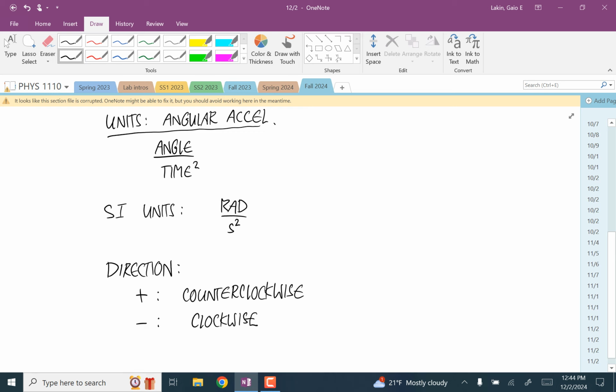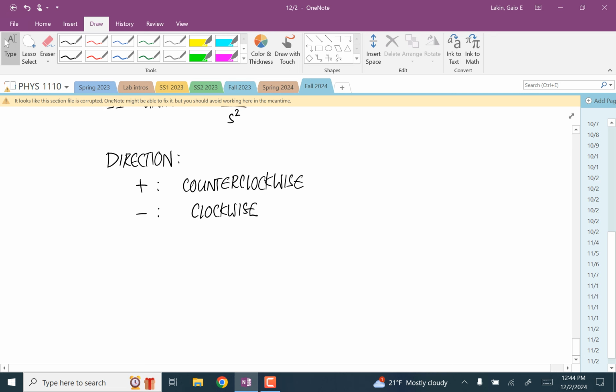And here are two things that you're familiar with from just regular velocity and acceleration vectors. If the angular velocity and angular acceleration are in the same direction, do you think those rotations would be speeding up or slowing down?